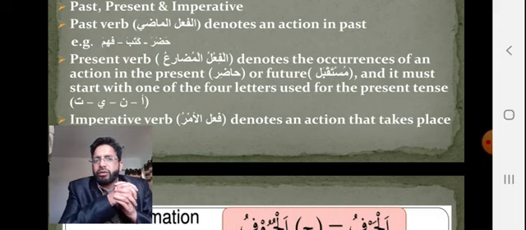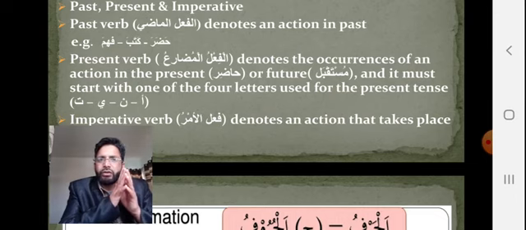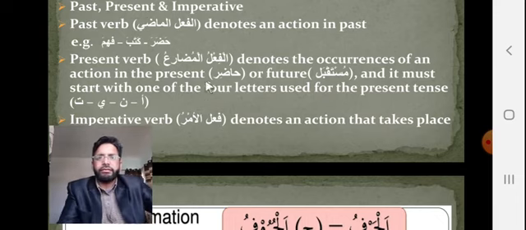And then I told you that it must start with harf al-mudari, and these are four. Huruf al-mudari are four. Number one is alif, number two is ta, number three is ya, and number four is noon. So if there is any of these four letters at the beginning of a verb, then it is fi'l mudari, present tense.